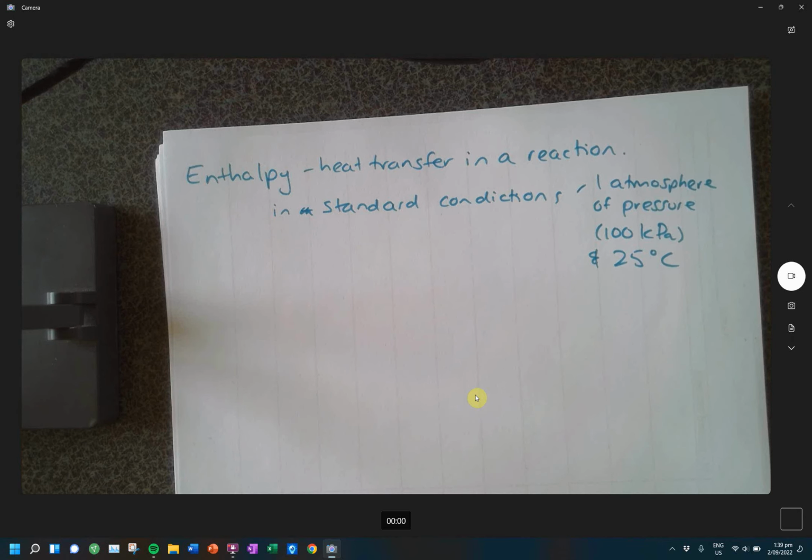Cool. With enthalpy, we talked about... Calvin, you said what, energy release or heat release? Do you remember what term we use for a reaction that releases heat? Exothermic. Bingo, exothermic. And then the other one is? Endothermic.